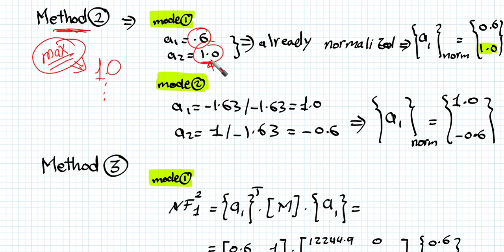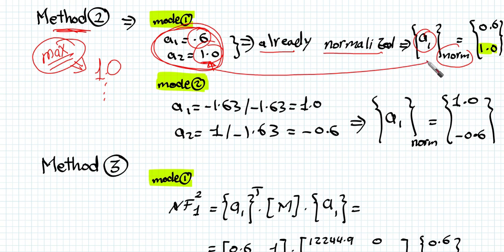So no need to make any normalization. These modal amplitudes are normalized by default. So A1 after normalization, which is no different from before, is going to be 0.6 and 1. Why? Because the maximum value is 1, as we want.